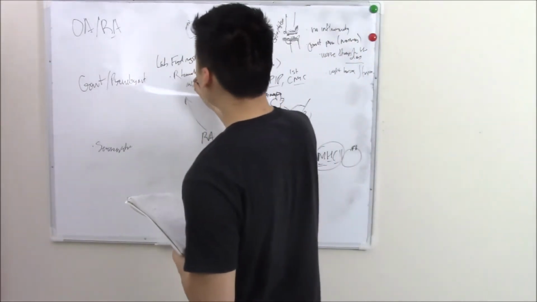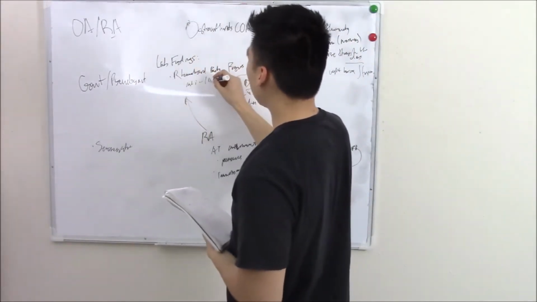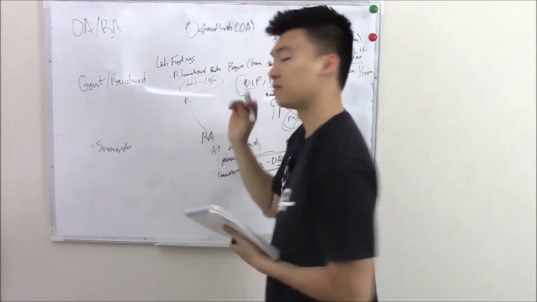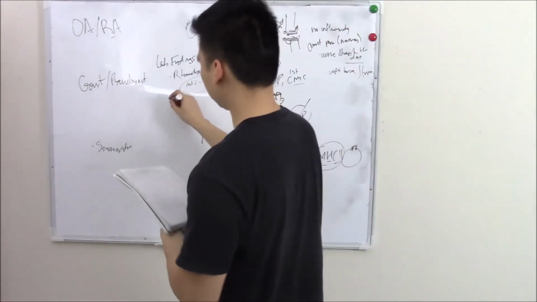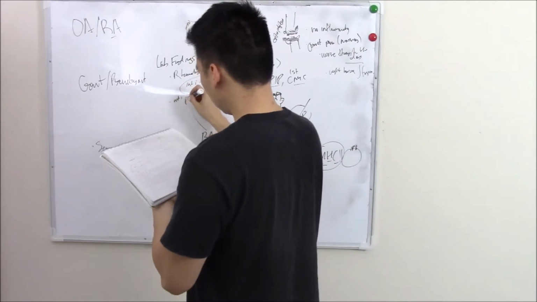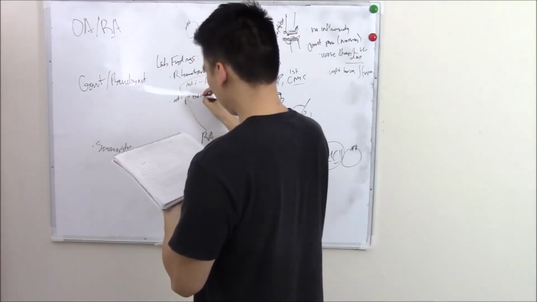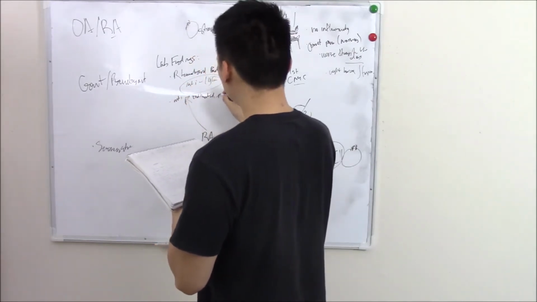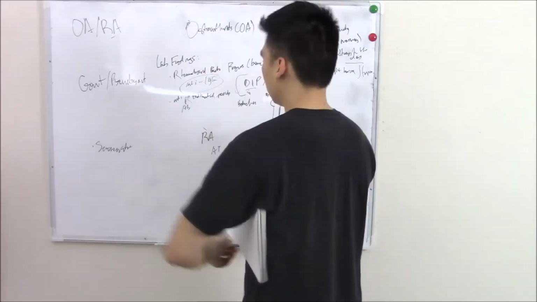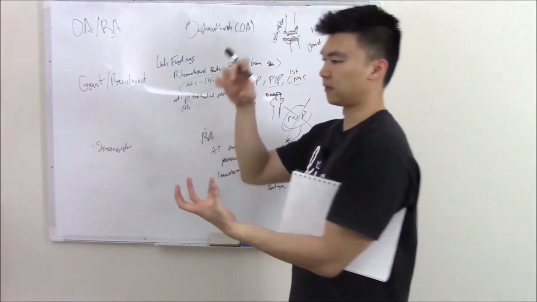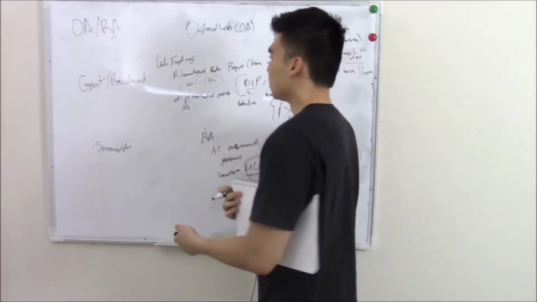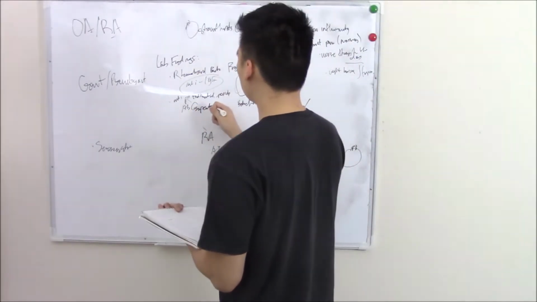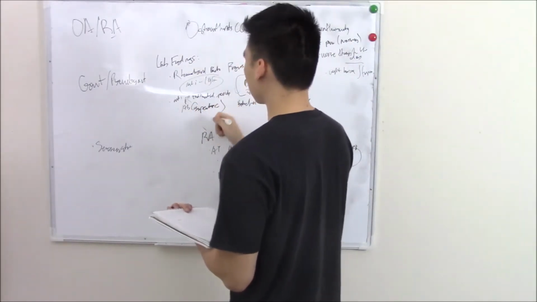So it's antibody against IgG. That's rheumatoid factor. You have something else called anti-citrullinated peptide. This is just an antibody against proteins that have a citrulline group on it. And this is actually more specific to RA, rheumatoid arthritis.